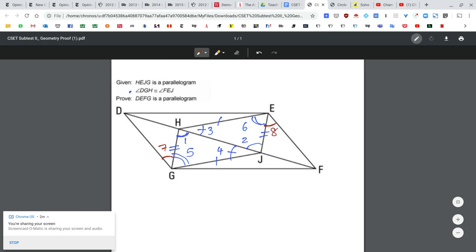So let's say 8. So this is all the information we are given, or could conclude from the given information. And the question says prove that DEFG, the big quadrilateral, is a parallelogram.